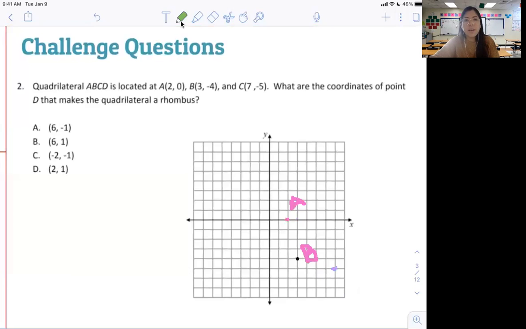So again, what are the criteria that we need to meet in order for this to be a rhombus? We need to know that the diagonals are perpendicular. It needs to have, I think, 2 pairs of parallel sides.